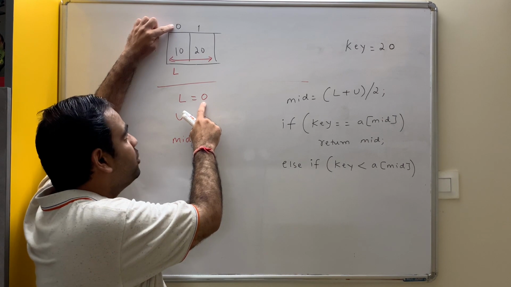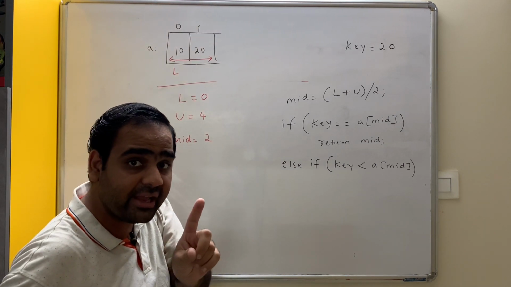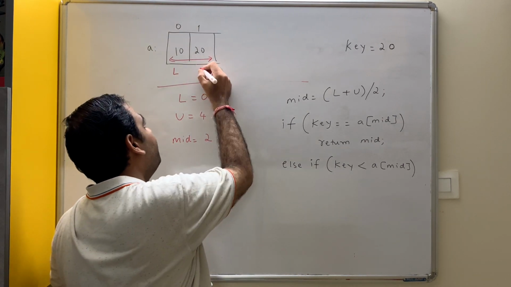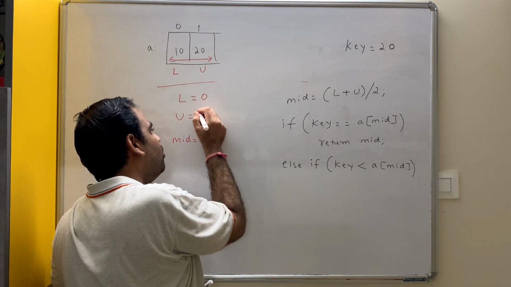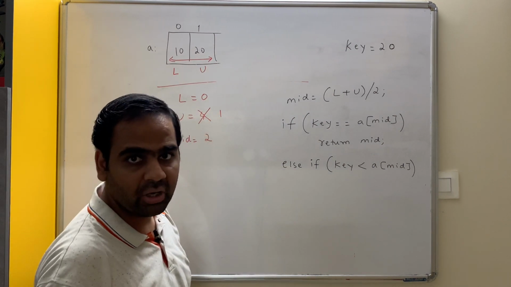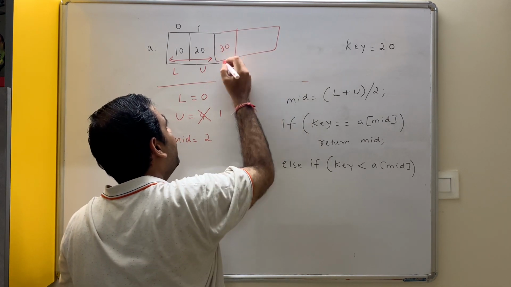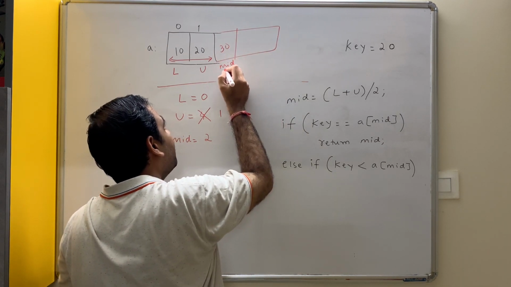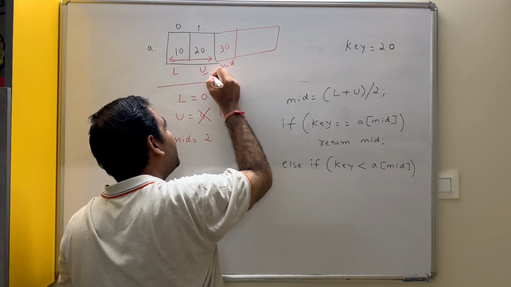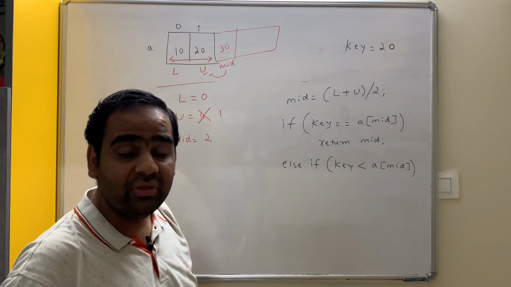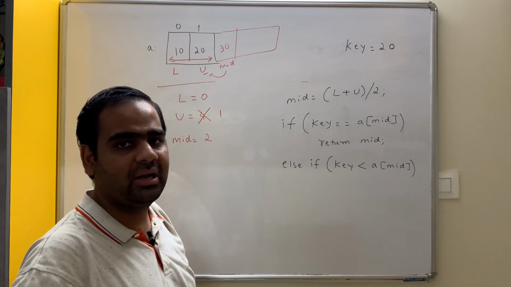Lower limit is 0. It did not change. But the value of upper limit, which was 4, now should become 1. That means the upper limit will become mid minus 1.